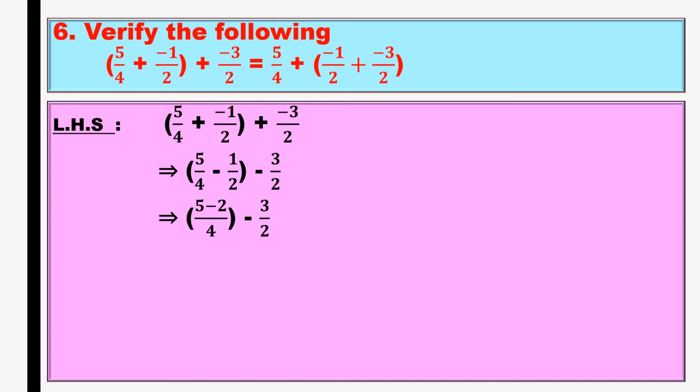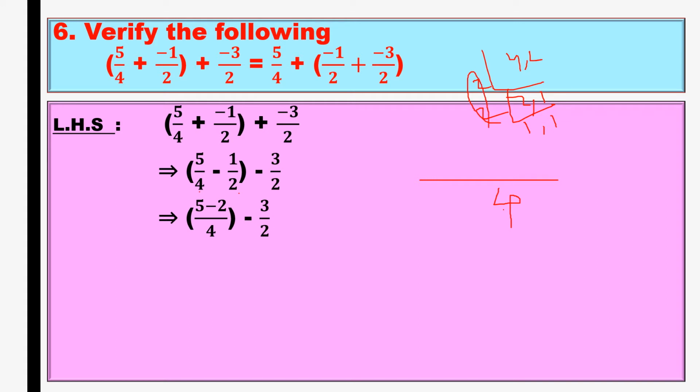Okay, so listen carefully those who don't know how to do LCM. 4 and 2 LCM, if you do it like this, 4 2, so 2 2's 4, 2 1's 2, so 2 1's 2. Okay, so 2 2's 4, 4 is your LCM.